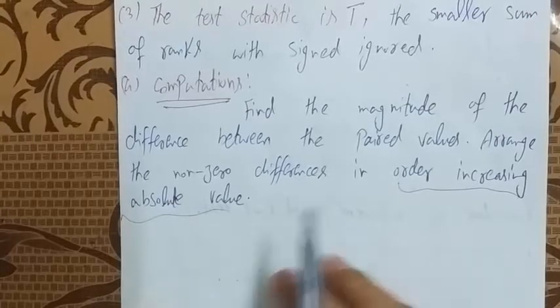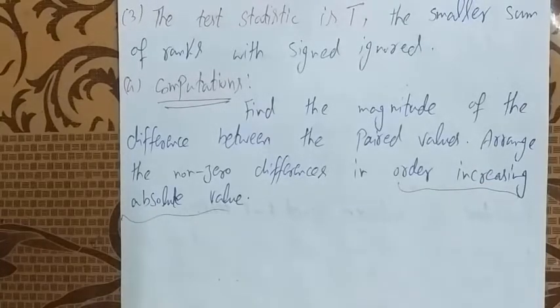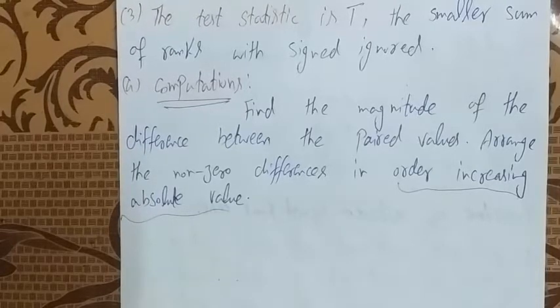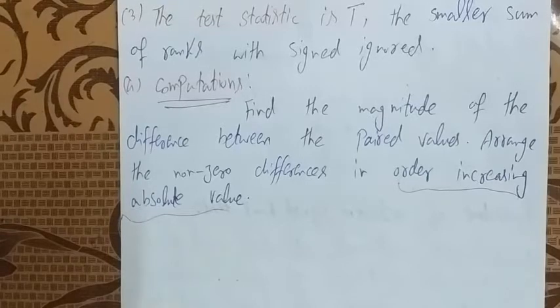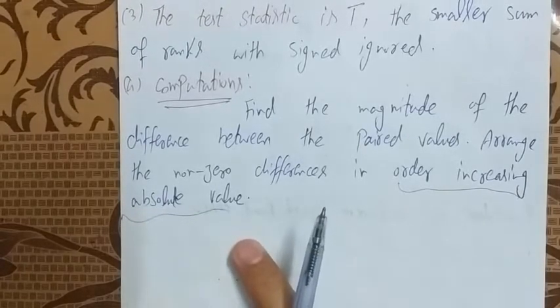In the previous problem, when we found the difference of two samples, or of one sample from the fixed value, that is the median, we took its absolute value and wrote it in ascending order, or you say increasing absolute value. Okay.